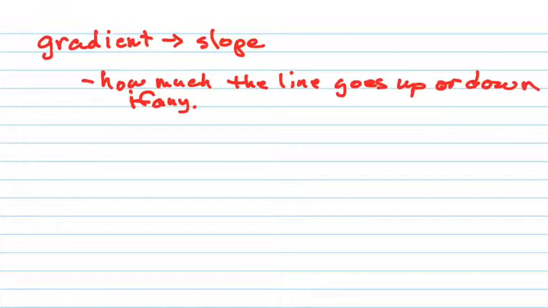There are lots of ways of finding gradient or slope. And I don't care which word you use, but you need to be aware that the method you use is going to depend on the information that you're given. Okay? If I give you my email, can you call me?